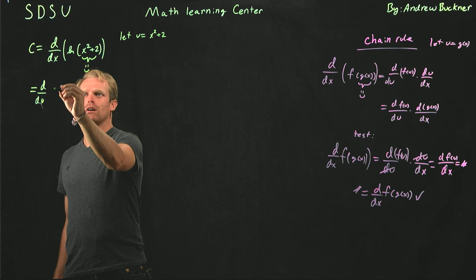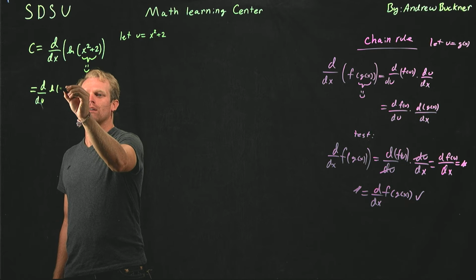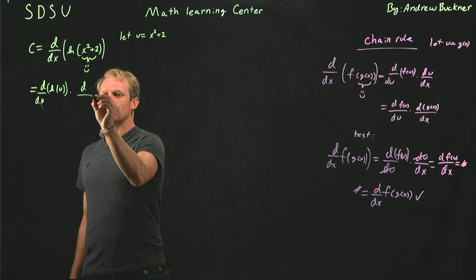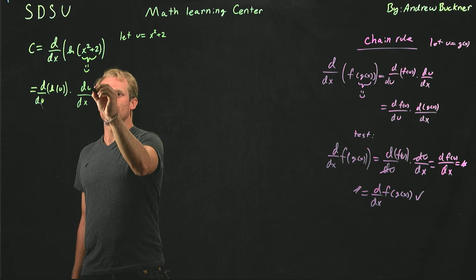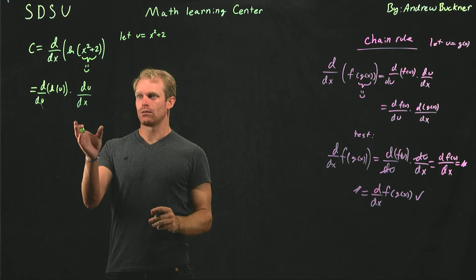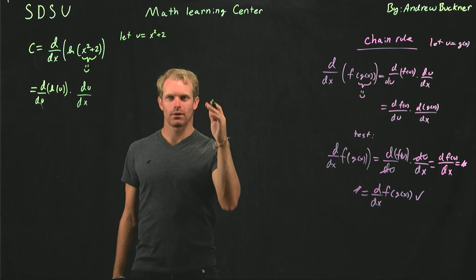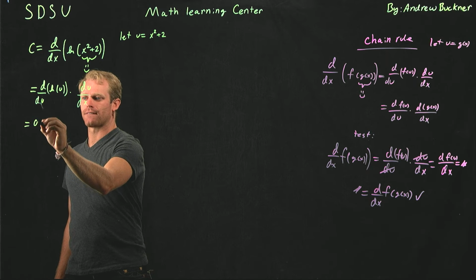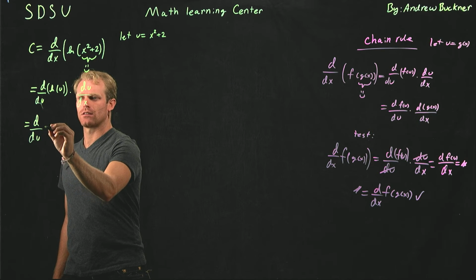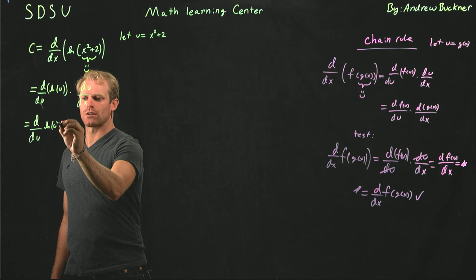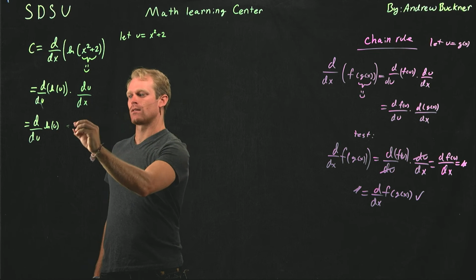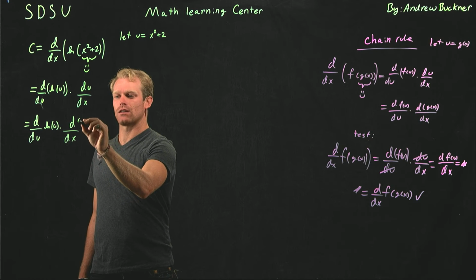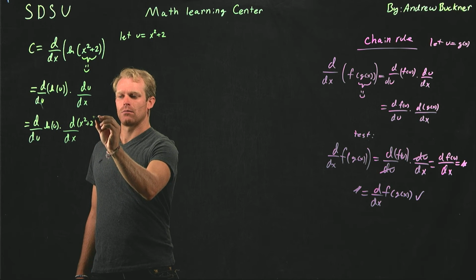Derivative with respect to u of the natural log of u multiplied by the derivative with respect to x of the inner function u, and in our case, it is the x squared plus 2. And so we're going to go one step further and plug in for the u term in the second derivation, so the derivative with respect to x of x squared plus 2.